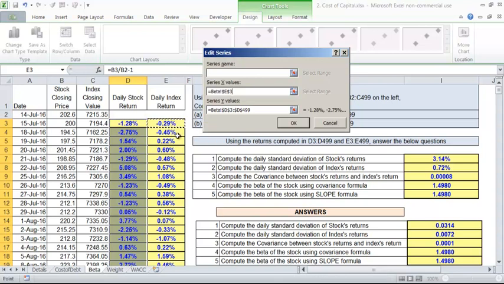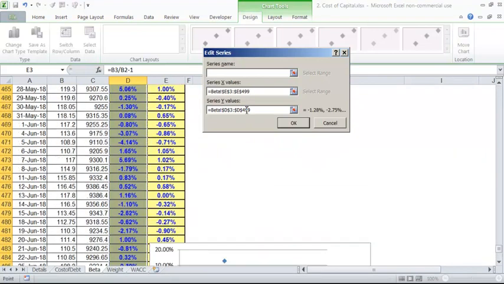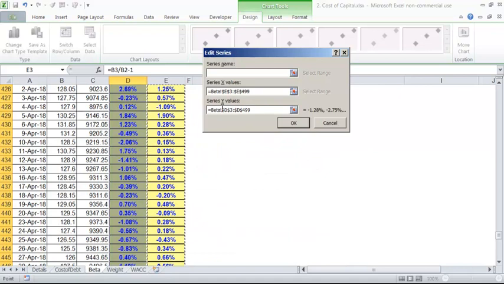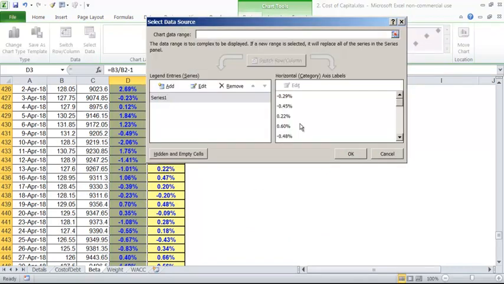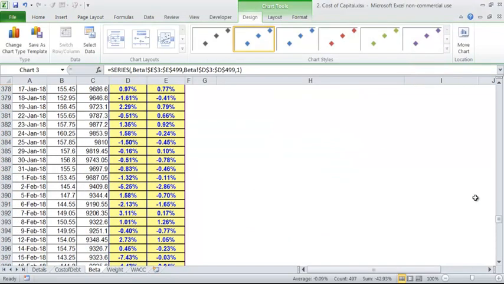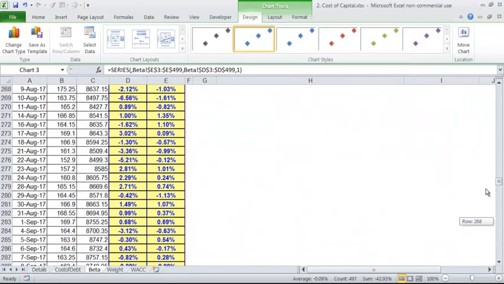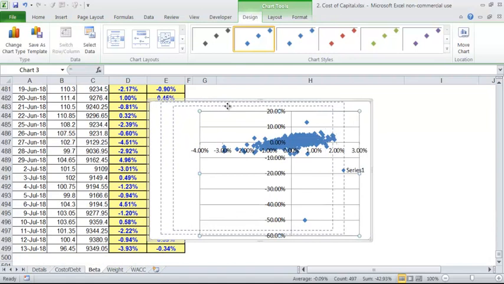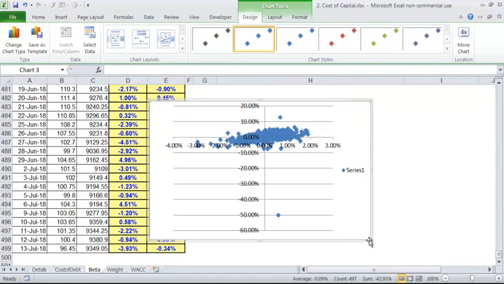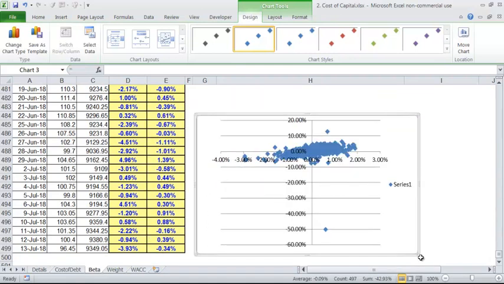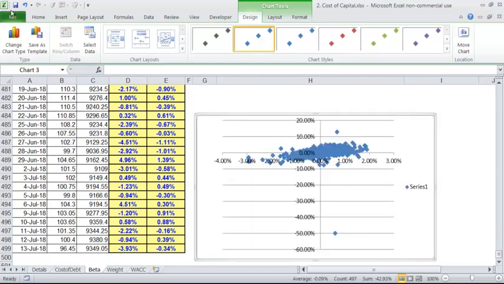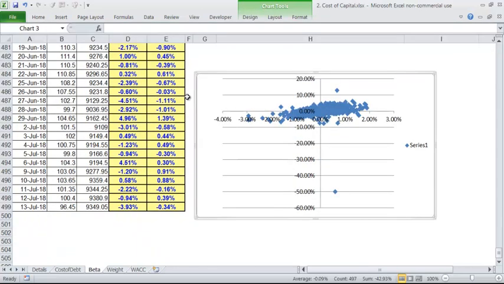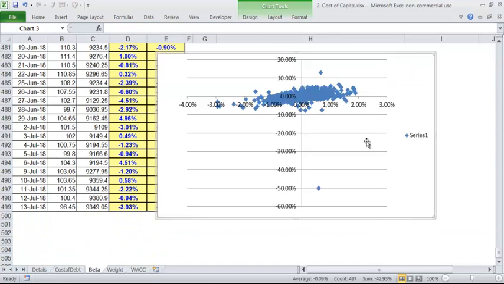We have said that index returns are the x values, and the y values we know are the stock returns. We say okay, and we can see this is the plot that we have got. The best fit line will be the regression line, which we have to compute.